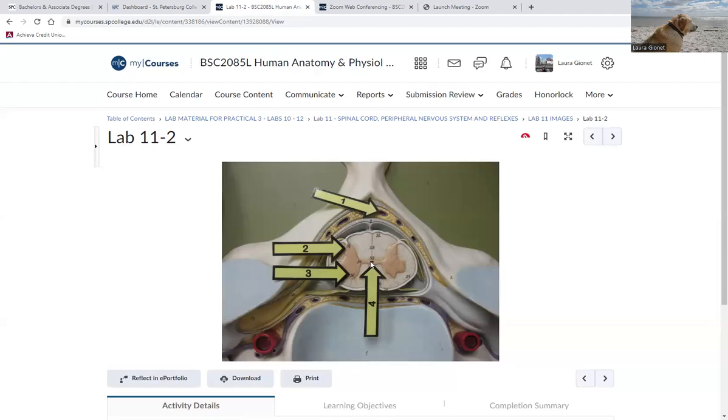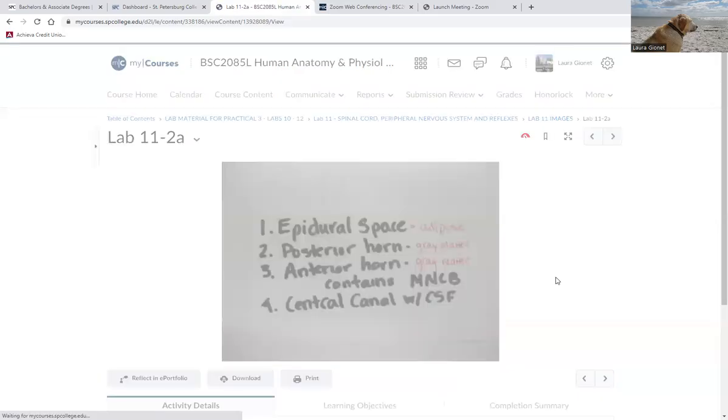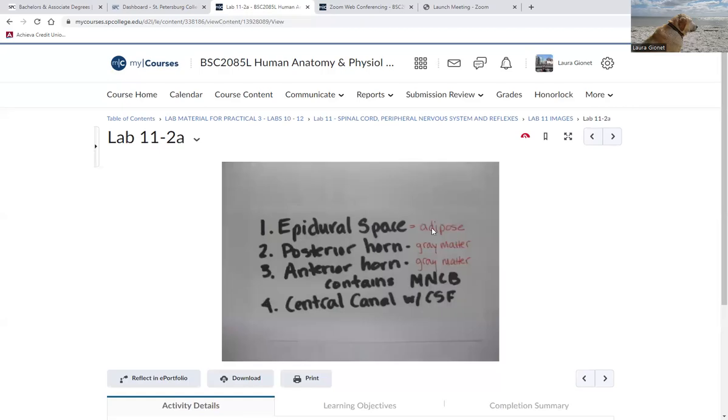And then we have what's called a gray commissure. It's kind of this gray bar that connects one butterfly wing to another, and the hole in the center is the central canal. All right, so we have the epidural space. We have a lot of adipose connective tissue there, fat, and blood vessels, as you can see. Posterior horn, anterior horn, right? And we have the central canal. That's where we have some cerebrospinal fluid.